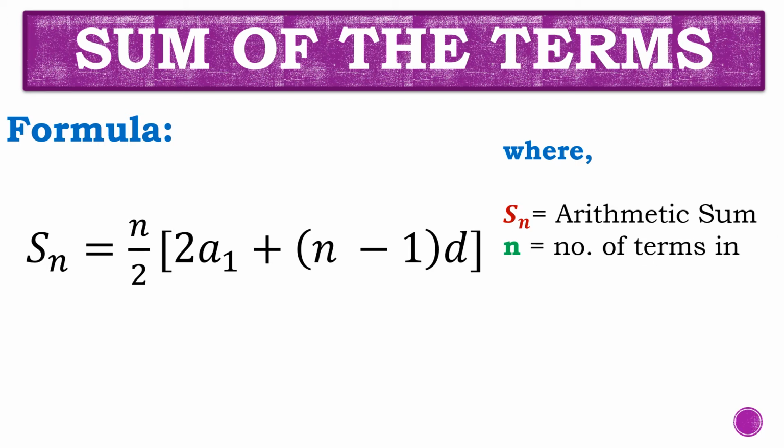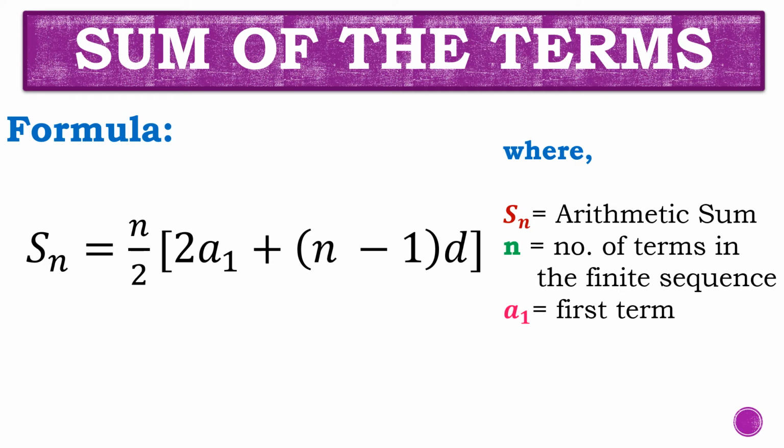N is the number of terms in the finite sequence. Why finite sequence only? Because obviously if it is an infinite sequence, then we cannot get the sum of all the terms because it is never ending. A sub 1 is equal to the first term, and as we all know, d is equal to the common difference.